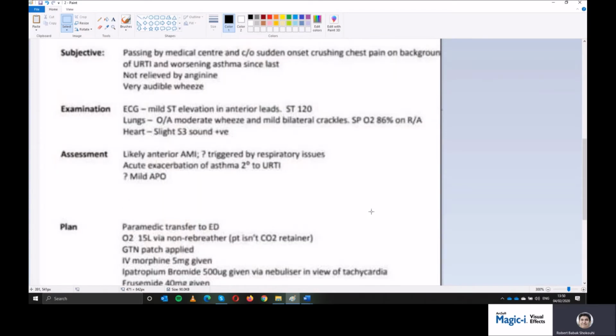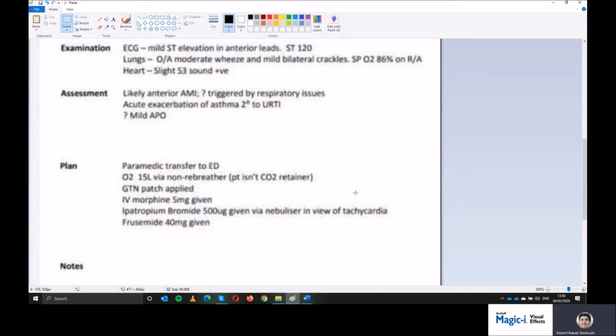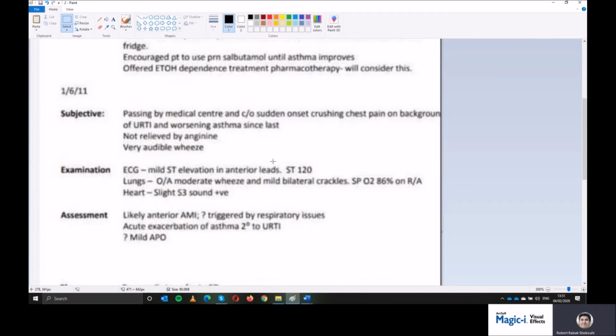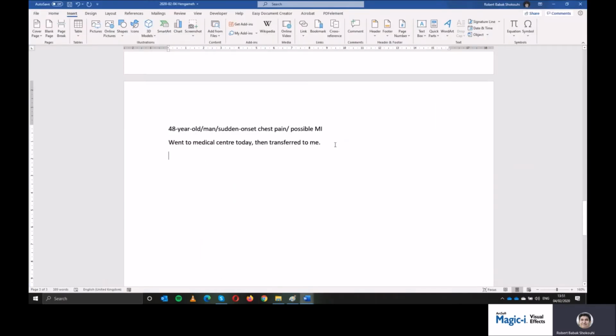These are not what we normally use. And mild APO, we don't know what APO is. We don't usually use that. ED is emergency department, and GTN is fine. Basically, if we have any history, we say that. If not, then we just leave it.